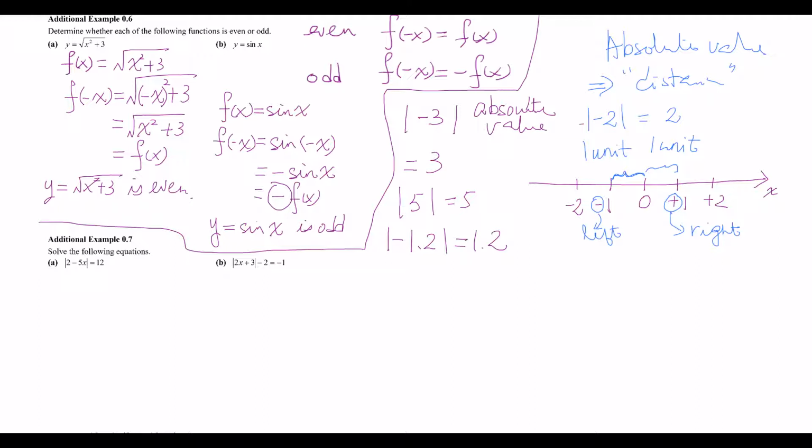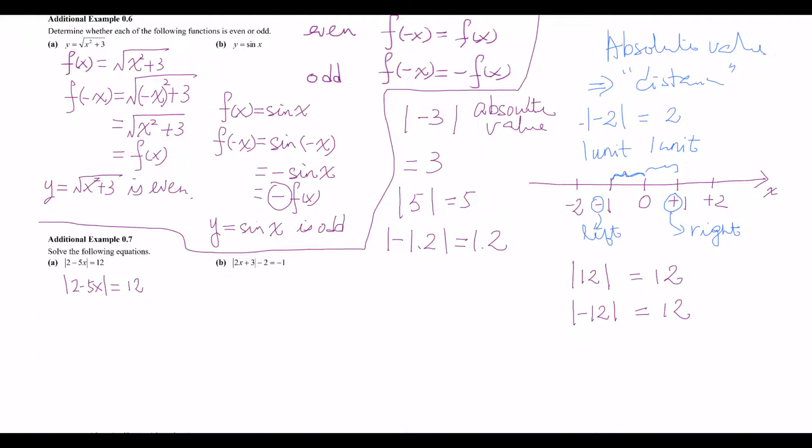Now for part A, we have 2 minus 5x here, but we have taken the absolute value, equals 12. Then you have to think, how can we get 12? If I have the absolute value of 12, of course, it is 12. But if I have the absolute value of -12, it is also 12.